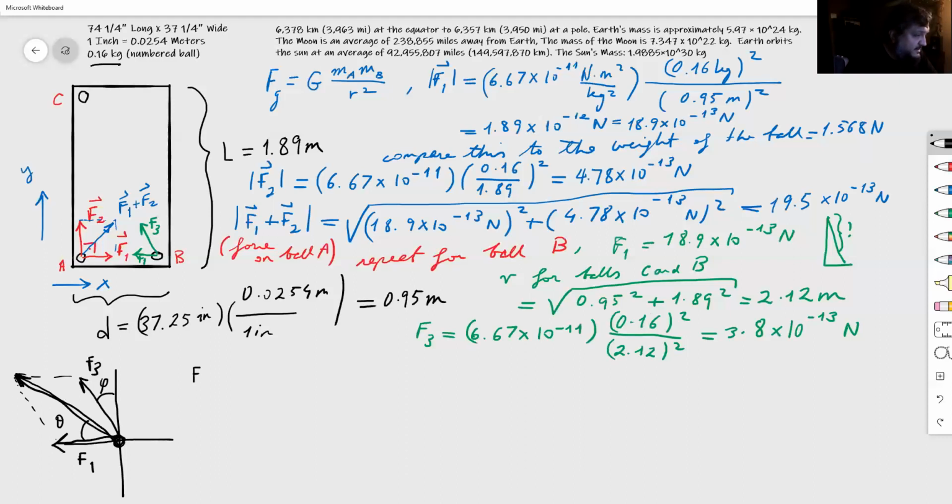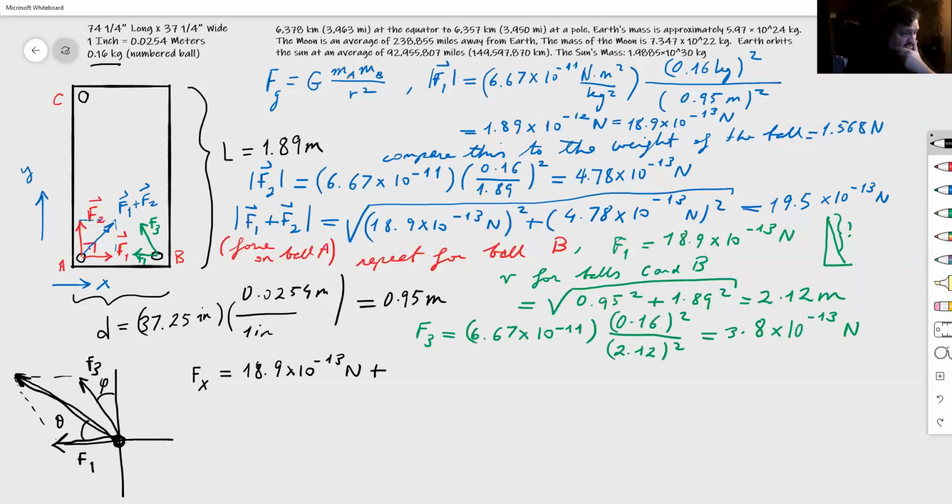So F will have an x component. I'm just writing the magnitude of it. It's pointing to the left, so it's a negative number, but don't worry about it right now. So basically we'll have F1, which is 18.9 times 10 to the negative 13 newtons.